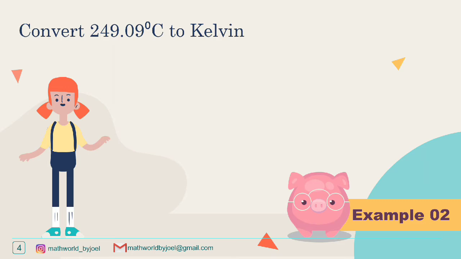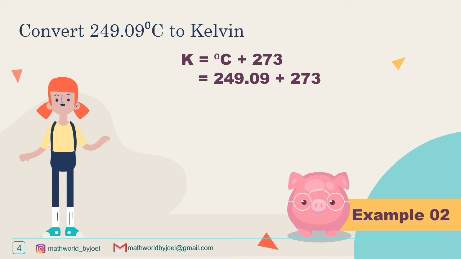Let us take another example. 249.09 degrees Celsius to Kelvin. All you have to do is add plus 273. So you have to add 249 plus 273, and please do not make the mistake of adding 0.09 to 273.